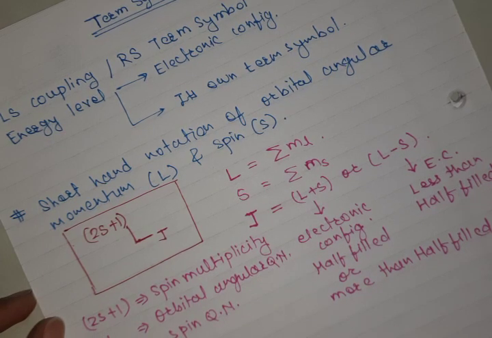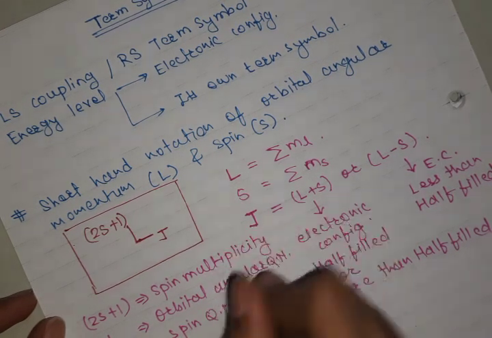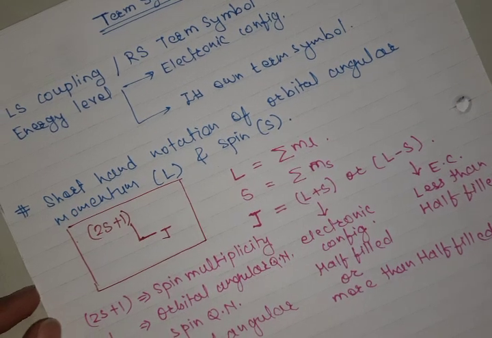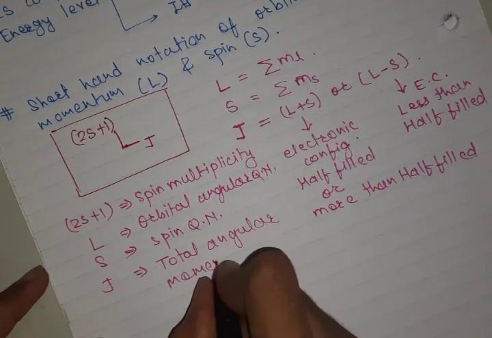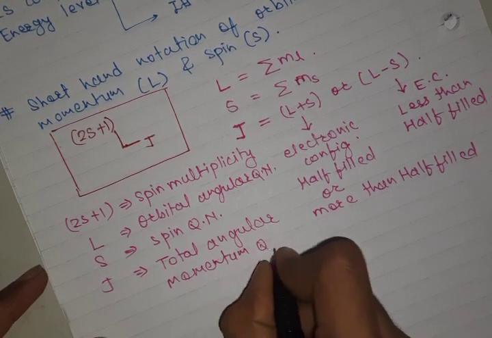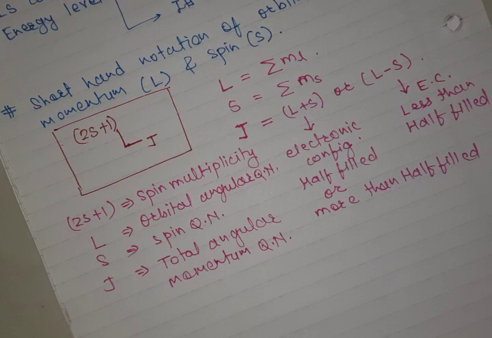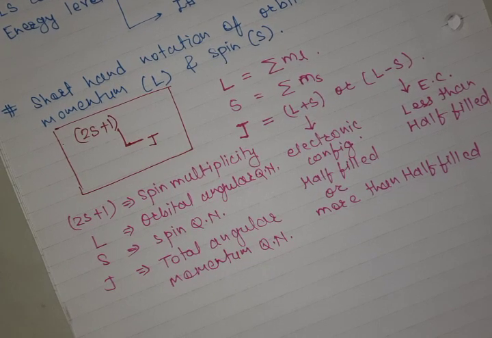And this J represents the total angular momentum quantum number. So let's take some examples so that it will be more clear to you.